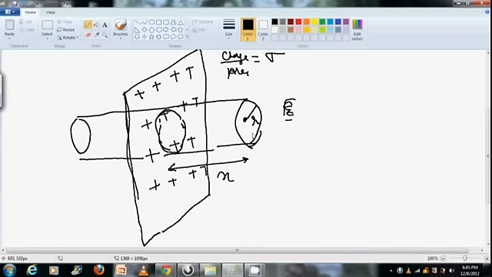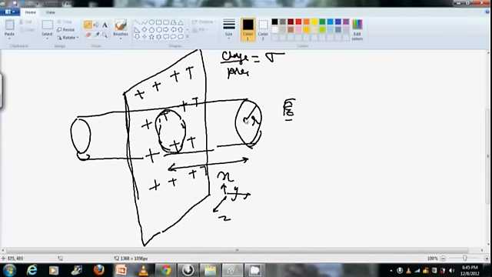The way I have chosen my Gaussian surface is what helps me use symmetry in its most potent form and simplify my system. Now I know I have an infinite sheet of paper, with this the x direction, this the y axis, and this the z axis.